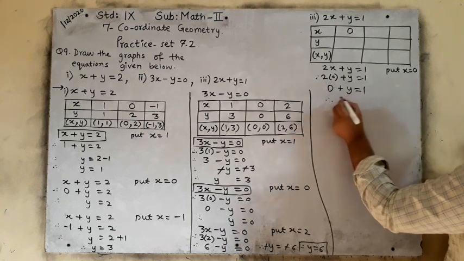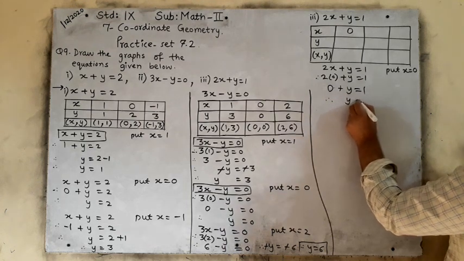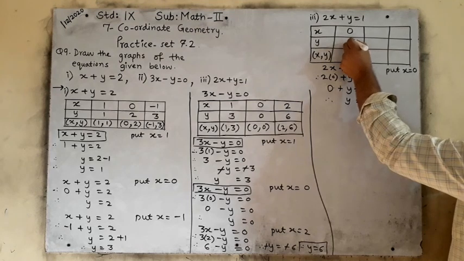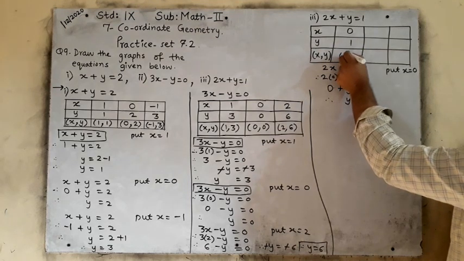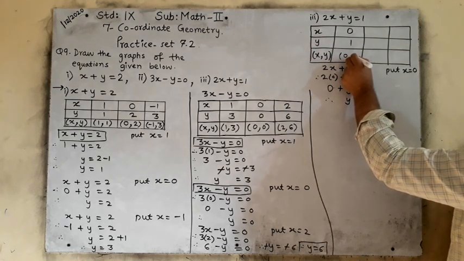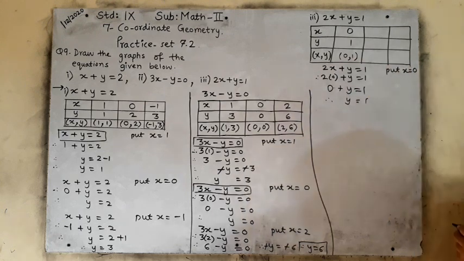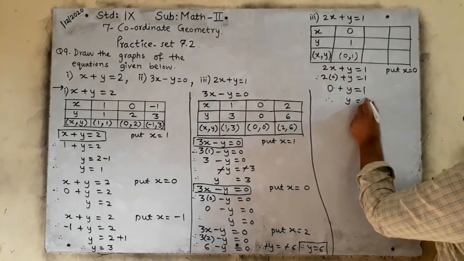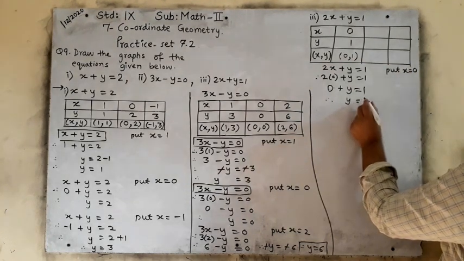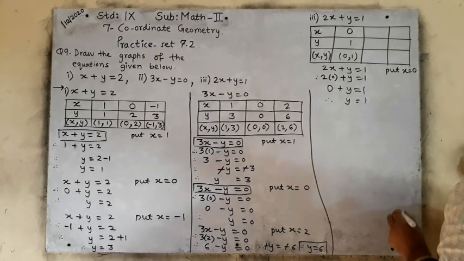So therefore y is equal to 1. It means here it will come 1, you will write coordinate 0 comma 1. So this is how you have to solve the equation, okay.